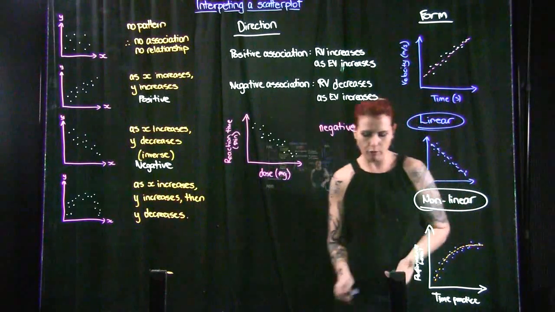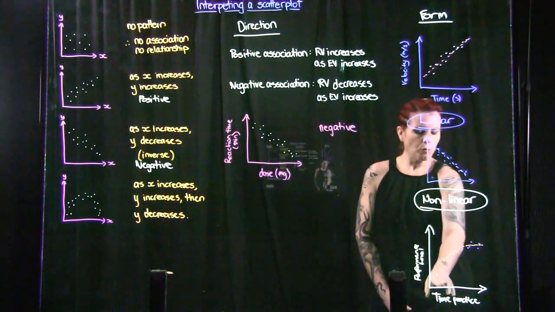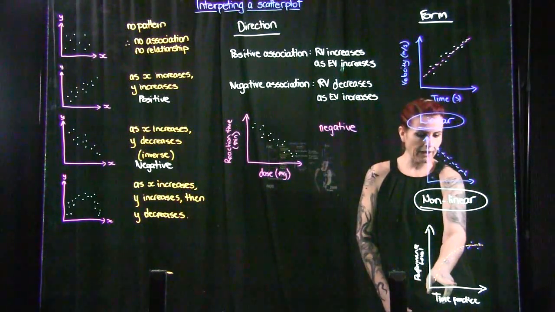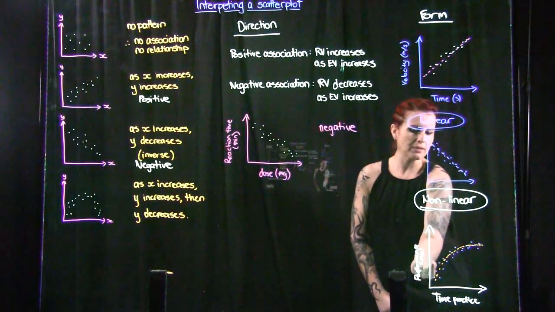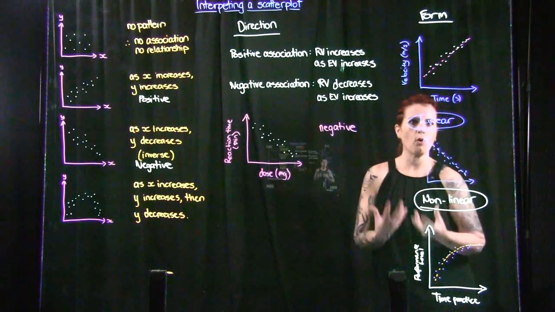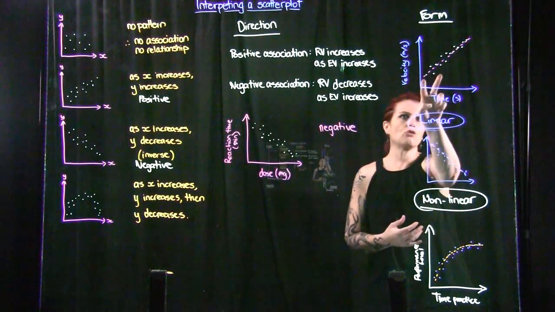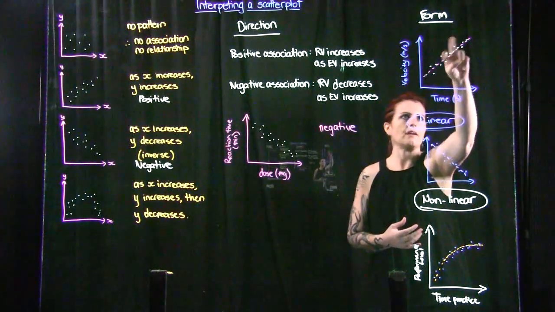It's a non-linear form. What this basically means is that in general and at first, the more you practice, so as I increase the time I spend practicing, my performance level also increases. But it doesn't do it in a proportional way like linear. Linear, however much you go along this line, it goes up by the same amount. That's what makes it linear.